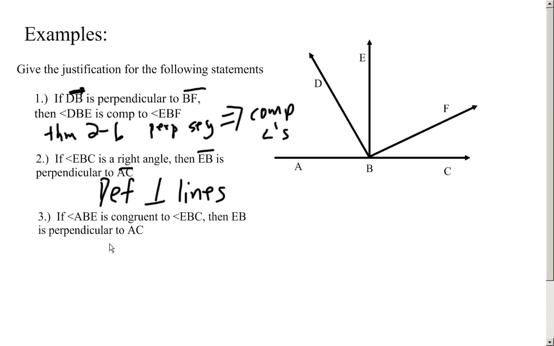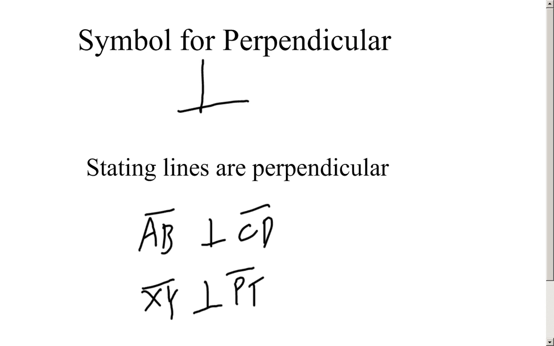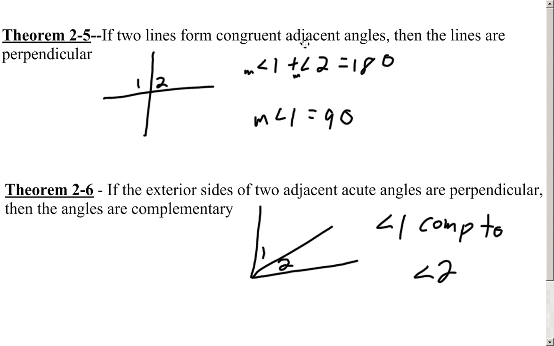If angle ABE is congruent to angle EBC, then segment EB is perpendicular to segment AC. So if I say this angle right here is congruent to this angle right here, then do I have two perpendicular lines? Well, let's see. We're looking for a theorem that said that we had congruent angles and that gave us perpendicular lines. Okay, let's see. Two lines, here we were given congruent adjacent angles and we concluded that lines were perpendicular.